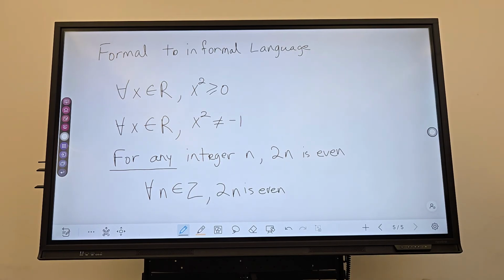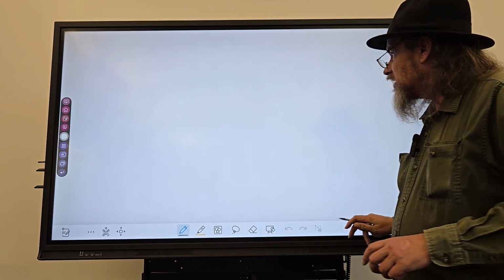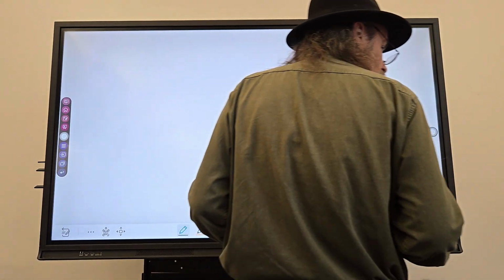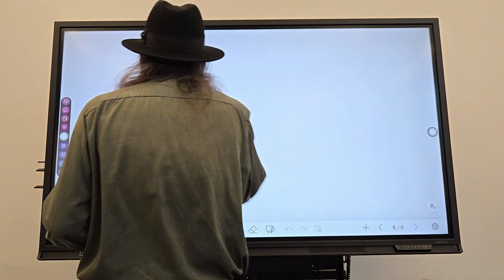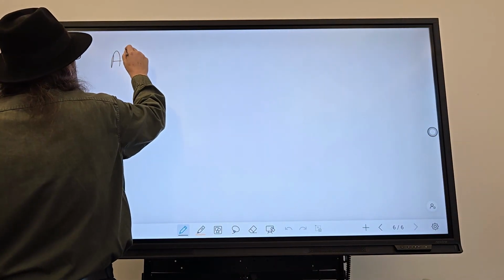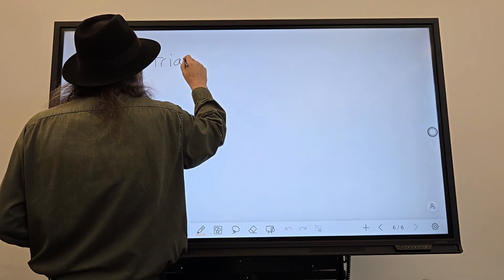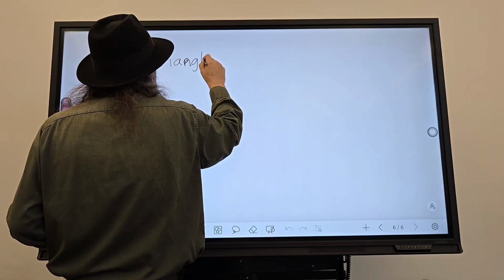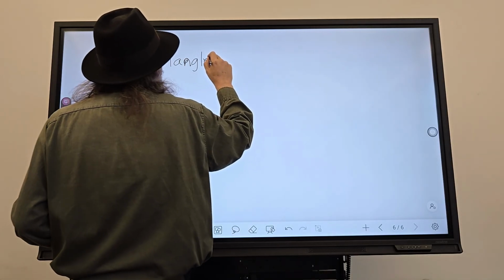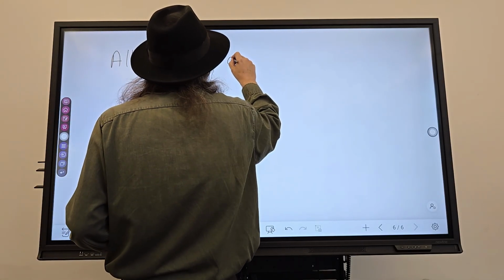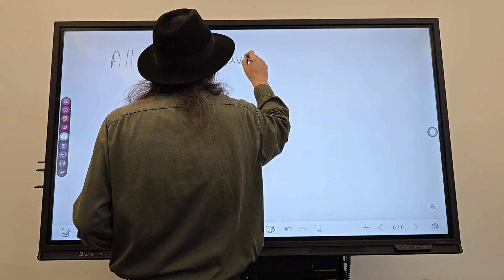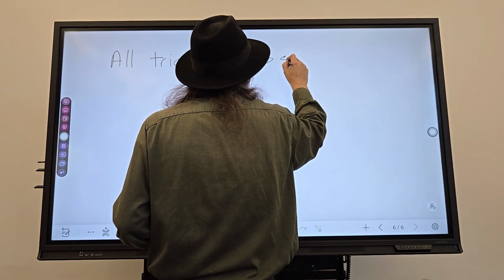What about the following statements using quantifiers and variables? Let's say all triangles have 3 sides.